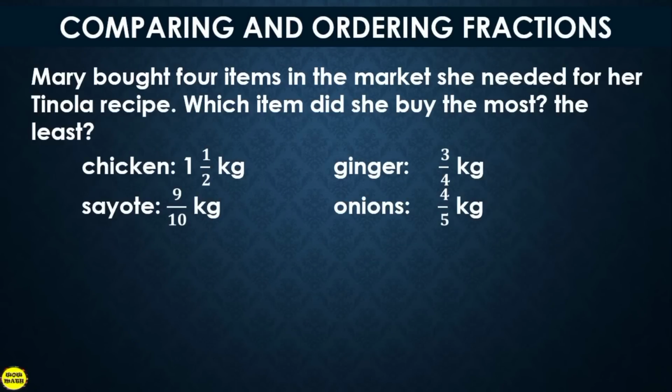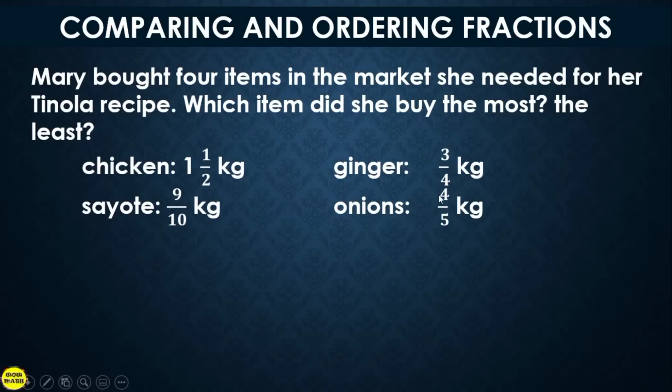Okay, comparing. So, let's try this problem. Mary bought 4 items in the market she needed for her tinola recipe. Which item did she buy the most? The least. So, chicken. Okay, yung chicken, bumili siya ng 1 1/2 kilograms. Sayote, 9/10 kilogram.